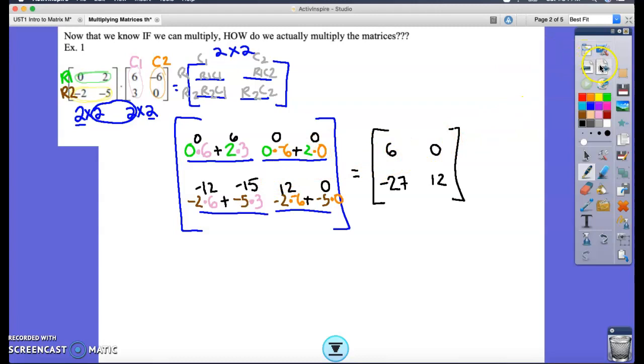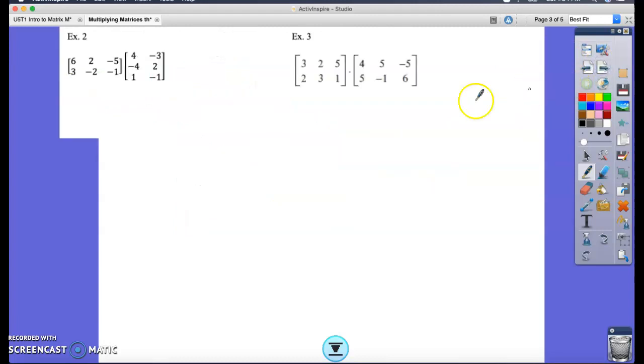So let's try another one because we need to practice. The more practice, the better we'll do. All right, so in this second example I have for you guys, I have 1, 2 rows and 1, 2, 3 columns. In this one, I have 1, 2, 3 rows and 1, 2 columns.